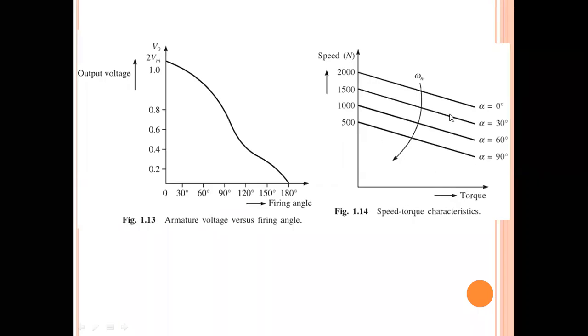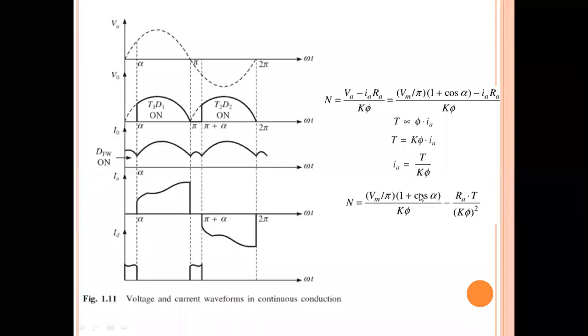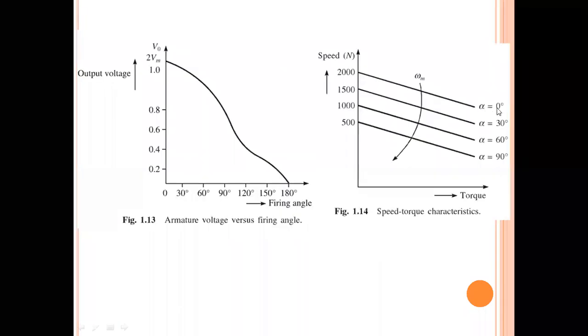If alpha is increasing, speed will be less, because if alpha is more, cos of alpha will be less. If this term is less, then the complete term will be less. So for alpha 0, we get the maximum speed. For alpha 90, we get the minimum speed.